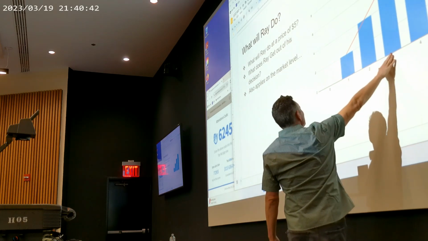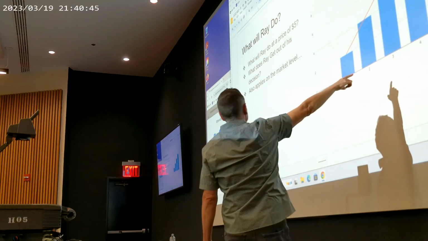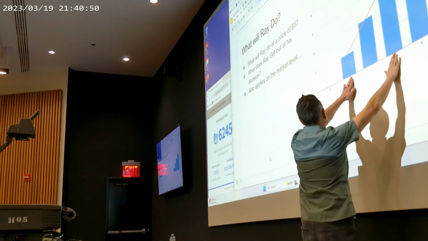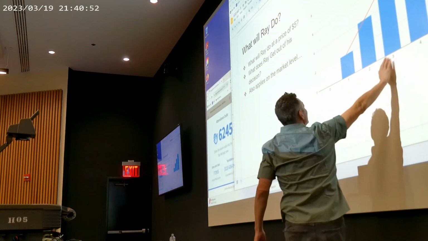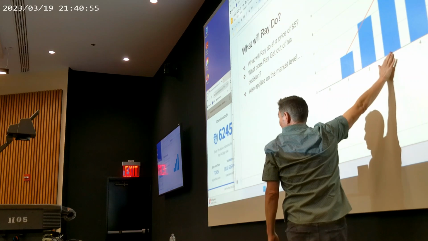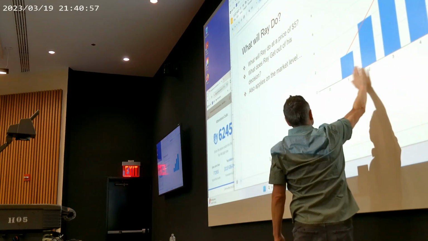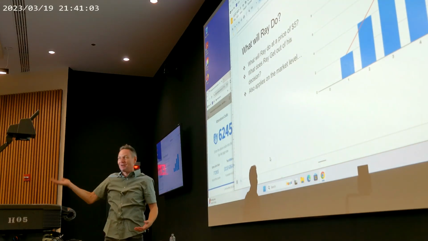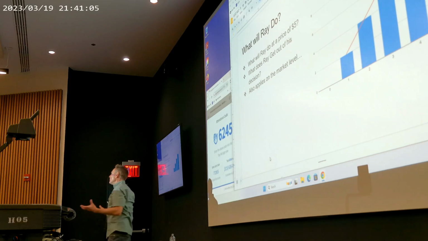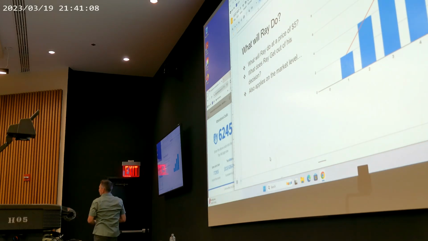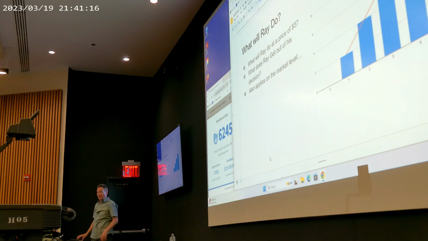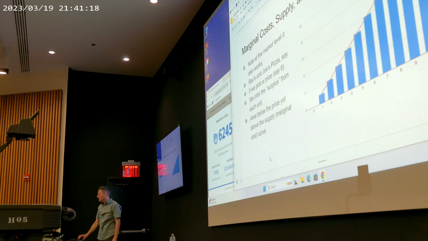If we wanted to think about what it's costing Ray to produce 3 units of pizza, we would say the first unit costs 2, the second costs 4, and the third costs 6. So the total cost of producing these pizzas would be 2 plus 4 plus 6, which is 12. We'd have to add up the additional costs of each unit. Now, there are actually other components of costs, so we can't say these are all the costs of pizza. We'll get into these costs, but suffice it to say marginal costs are reflected on this graph.